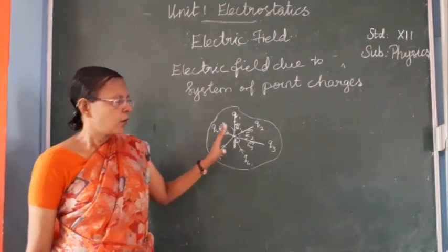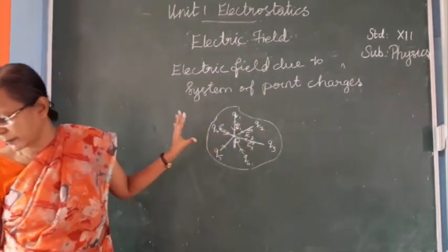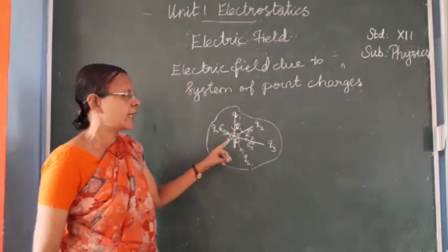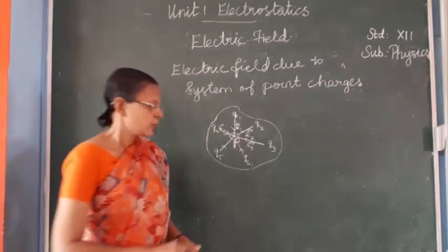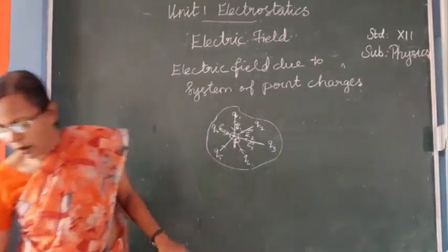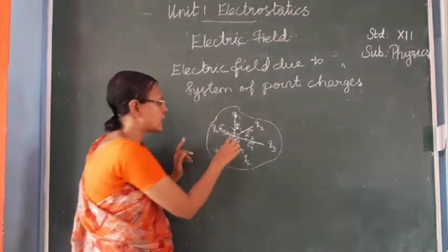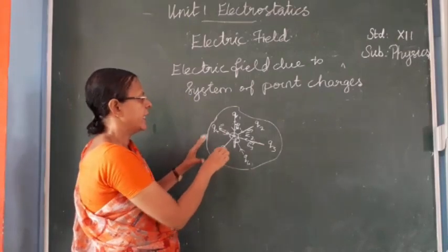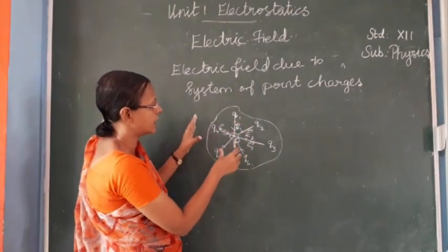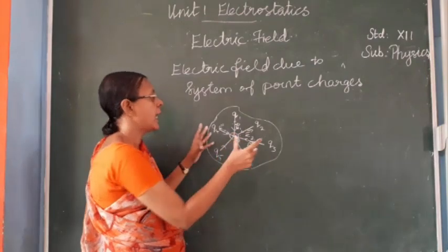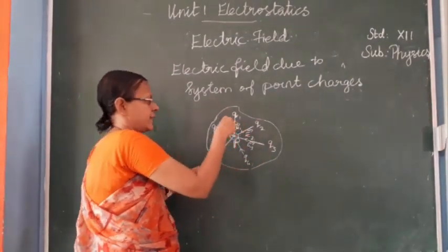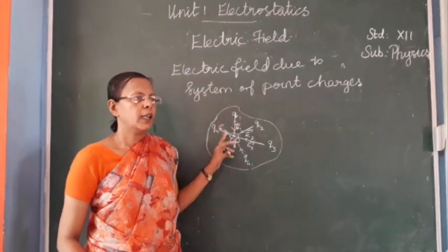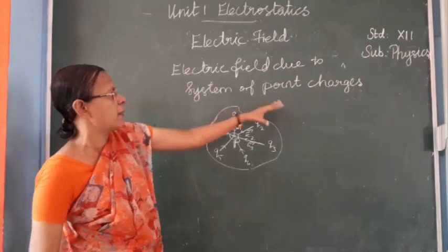So here, what force is it experiencing? We can consider this an arbitrary point. The electric field at this arbitrary point due to all the other charges is the vector sum of the electric fields exerted by all the other point charges. This is the electric field due to the system of point charges.